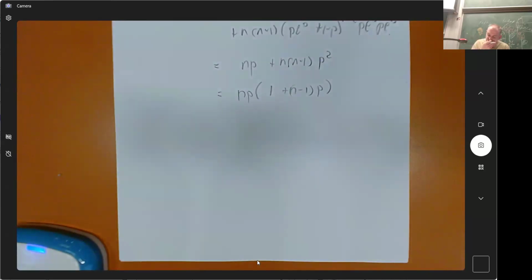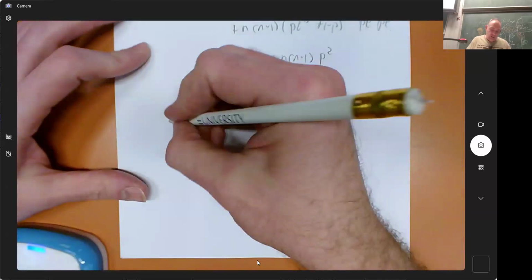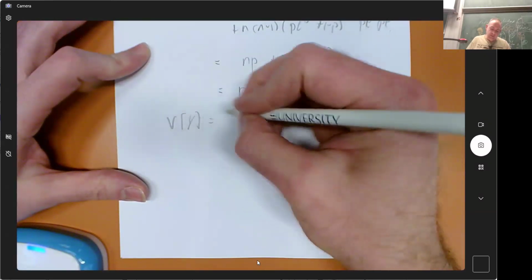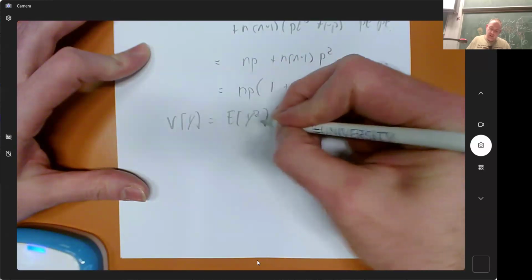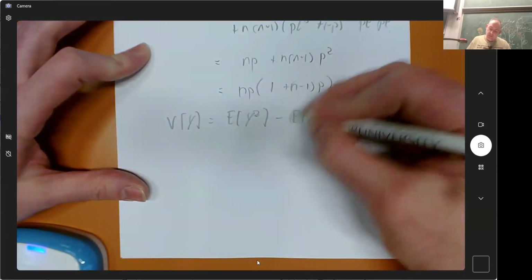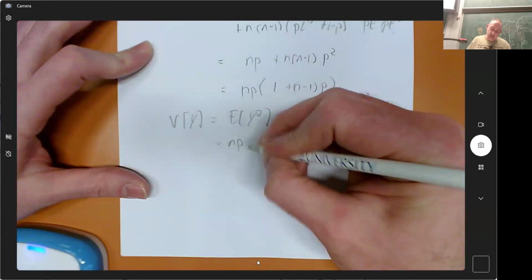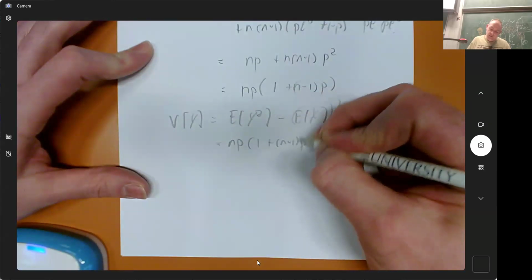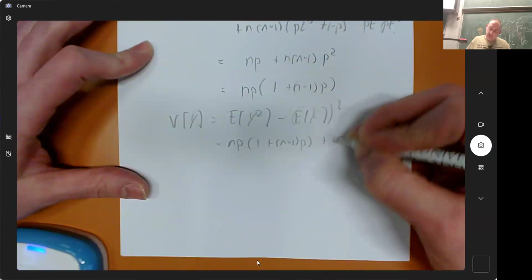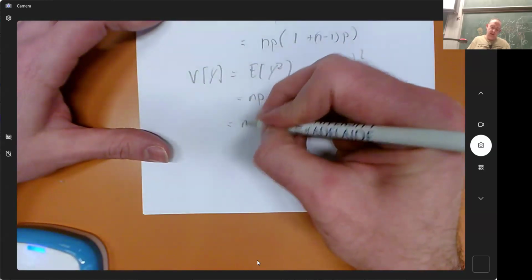Have I done something wrong? It should be np(1 minus p), shouldn't it? No, it shouldn't. That's okay. The world makes sense. That's fine, because I know that the variance of Y is the expected value of Y squared minus the square of the expected value of Y, which is np(1 plus (n minus 1)p) minus n squared p squared.